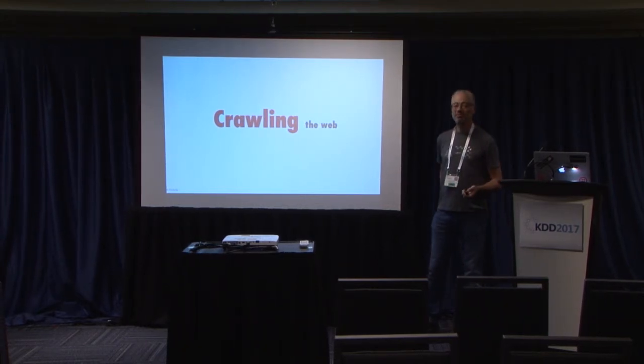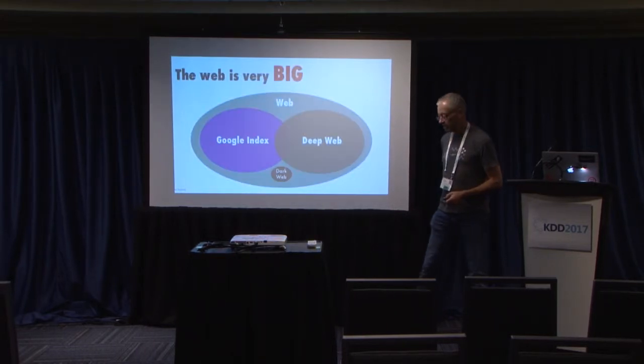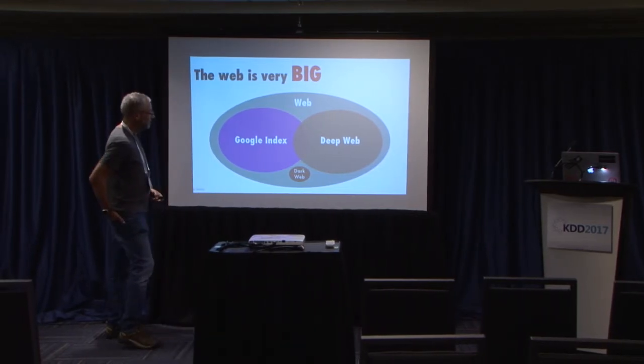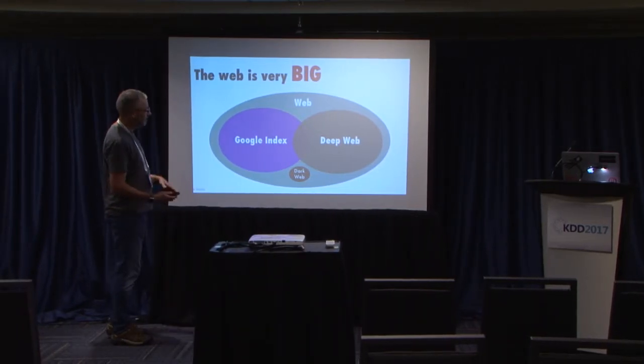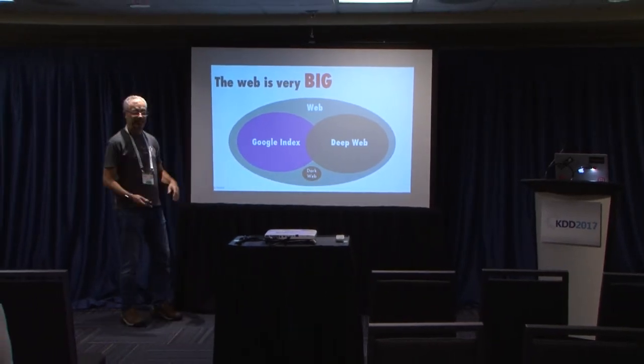I'm just going to have a couple slides to give you some context. So the problem is that the web is really very, very big. And I think the web has like four parts.